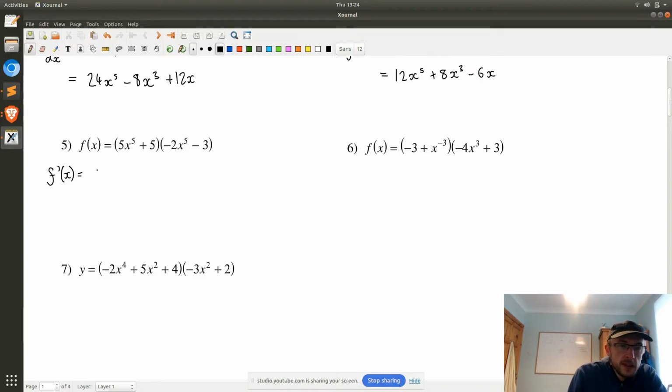So, okay, differentiate the first one, and we get 25x to the 4. Leave the second one alone. And now differentiate the second one, so I get negative 10x to the 4. And leave the first one alone.